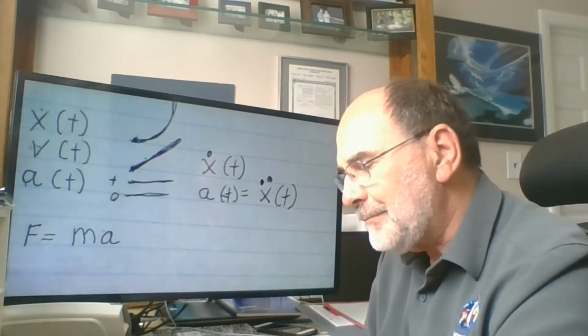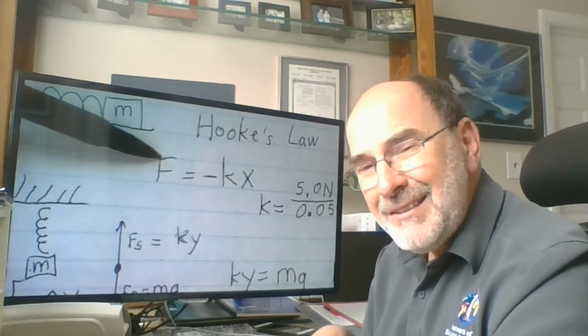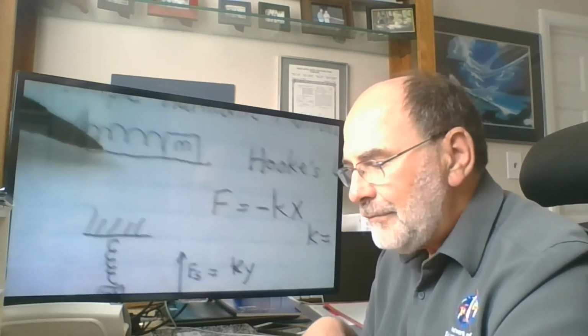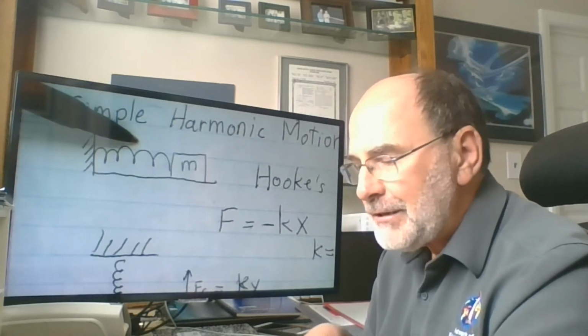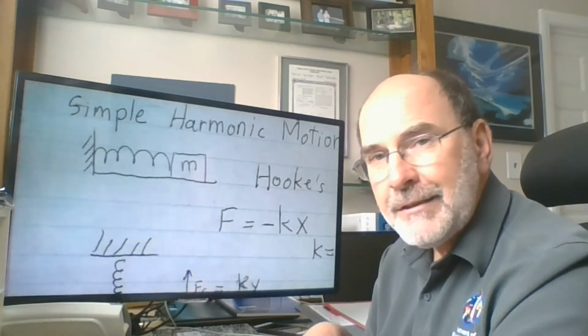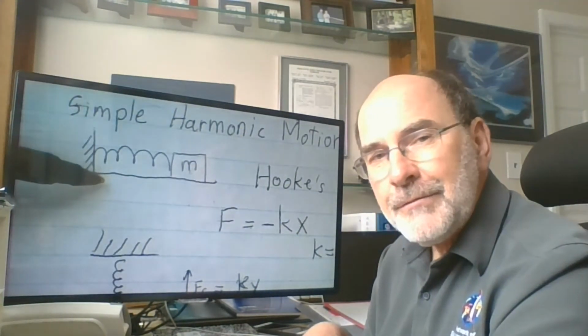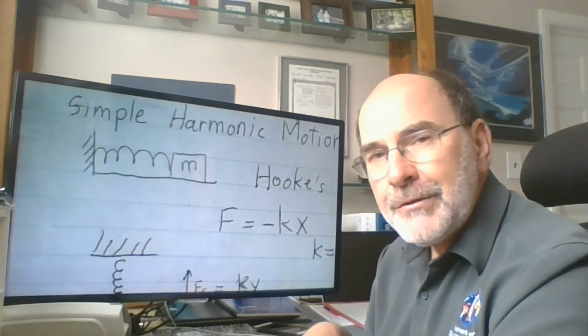I know. But this Hooke's law restoring force is the net force for this mass on the spring. There's no other force acting on it. No net force, I should say. Of course, the force of gravity is acting on it. The normal force is acting on it. It's a frictionless horizontal surface. Those two vertical forces cancel.